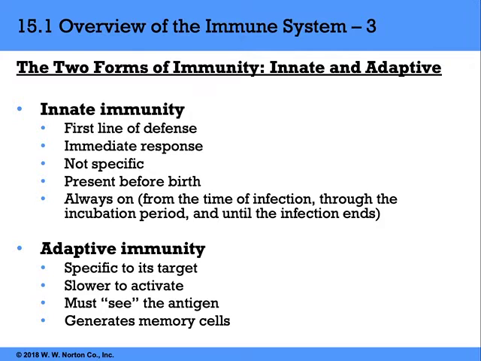Okay? And there's two arms to adaptive immunity. There's cell-mediated immunity, whose destructive abilities come from a population of cells called cytotoxic T cells.